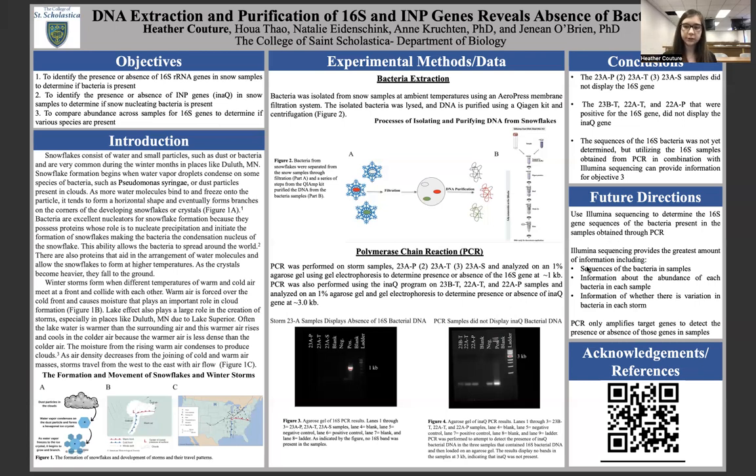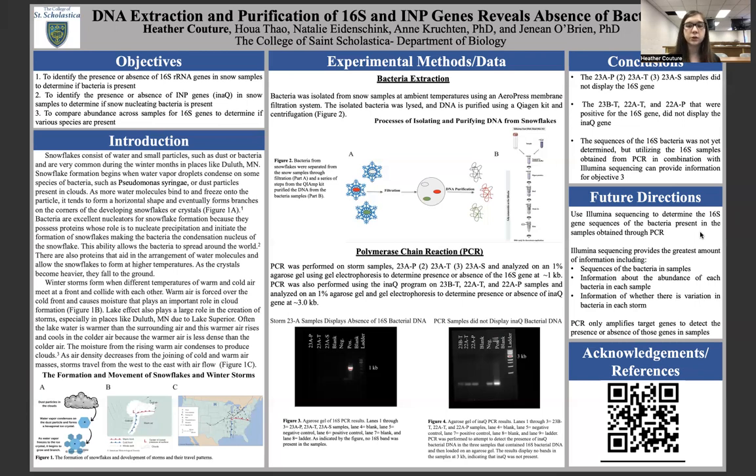And Illumina sequencing is very beneficial because it provides a lot of information, including the sequences of all the bacteria present in the sample, information about the abundance of each bacteria, and information about whether there is variation in that bacteria.